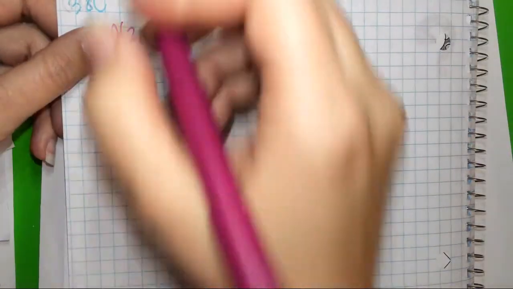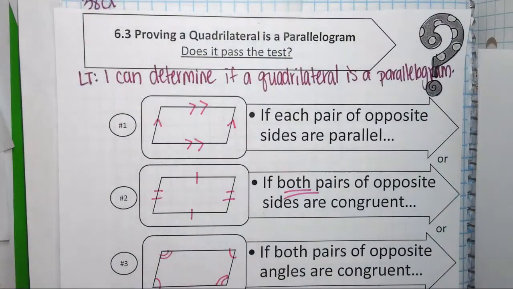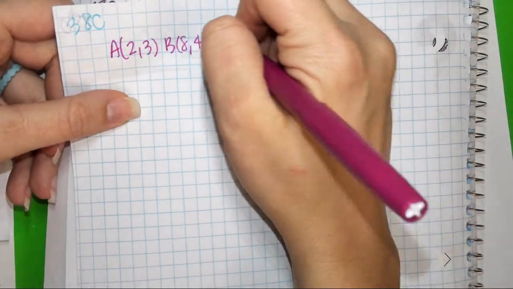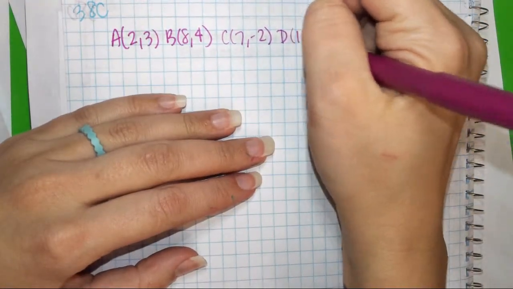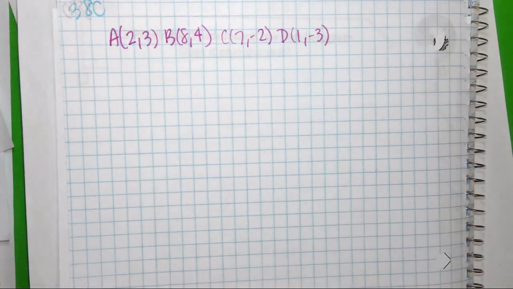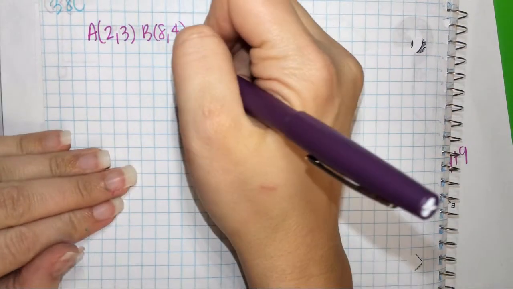B is 8, 4. C is 7, negative 2. And D is 1, negative 3. All right, so draw your coordinate plane and plot your points, please.